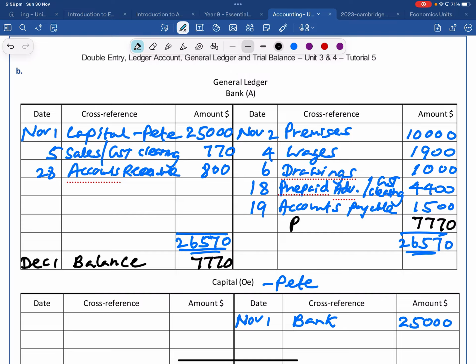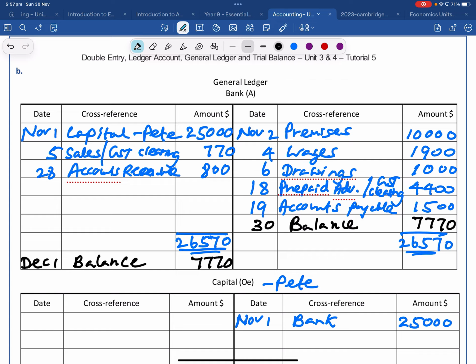Then I call it balance and I put the last day of the period. Then that same amount is coming forward to the opposite side of the ledger account after the total for the first day of the next period. Okay? Yeah. Because in this month you made more money than... Yes, very good.